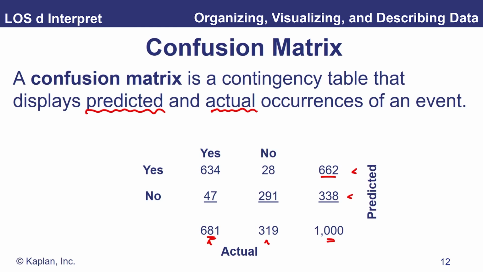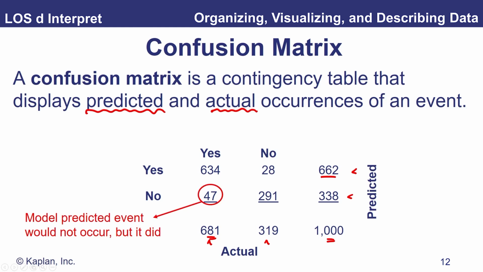We can also start using these confusion matrices to understand when our predictions were wrong. So for example, if we start to look at this column here, we predicted, actually let me just make some lines come up, 47. So in other words, the model predicted the event would not occur.